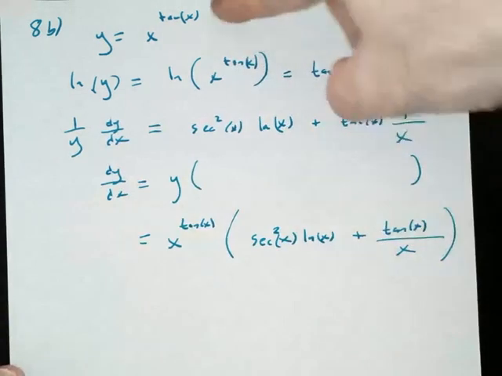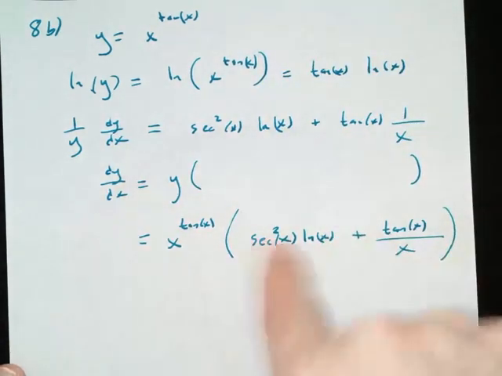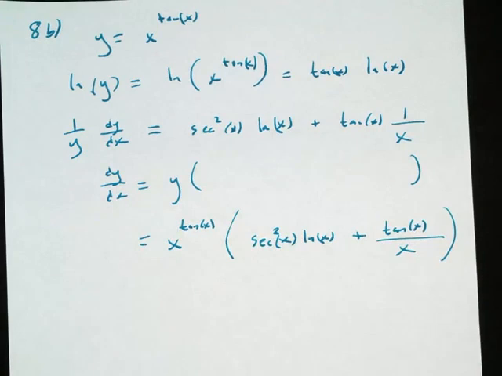I started with an explicit function. I have an explicit derivative when I finished, even though I used implicit in the middle. Better? Hoorah.